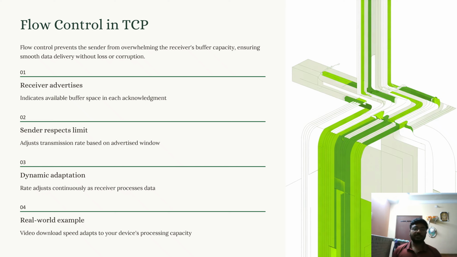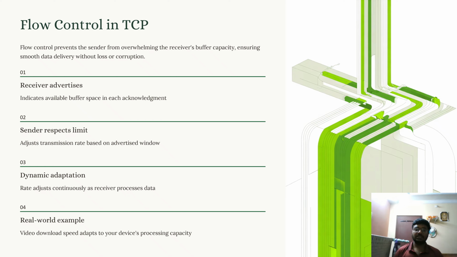Flow control in TCP. Flow control in TCP is all about balance. When a sender transmits data, the receiver tells it how much space is available in its buffer using the window size. If the sender pushes data too quickly, the receiver cannot keep up, resulting in lost packets.